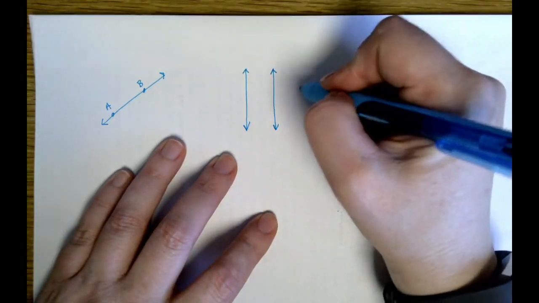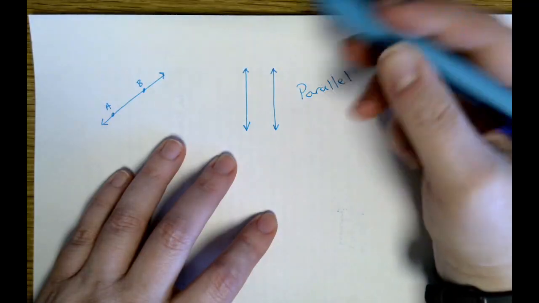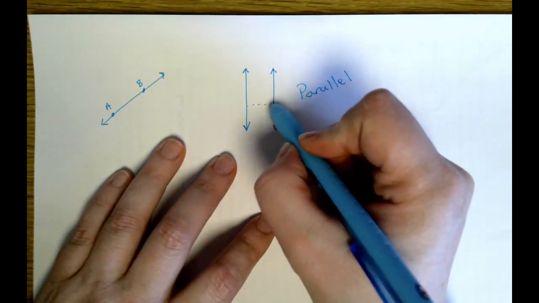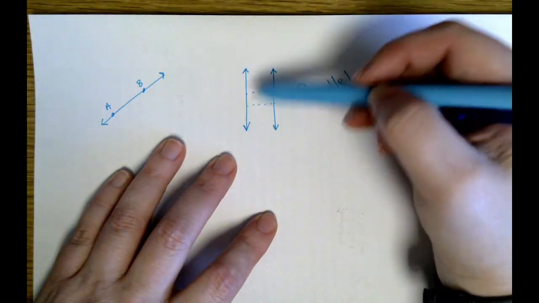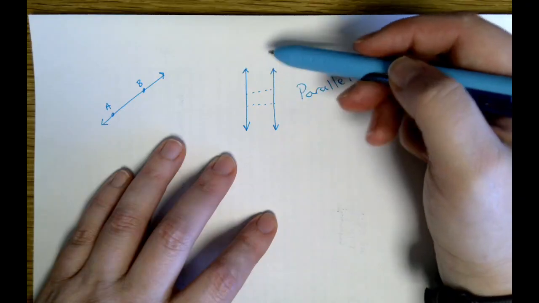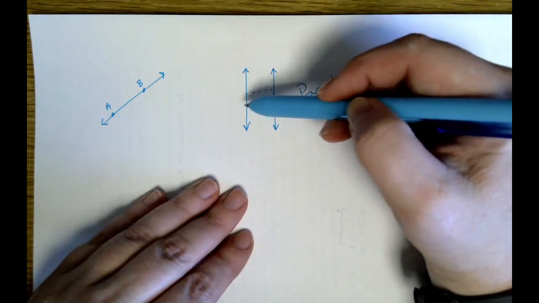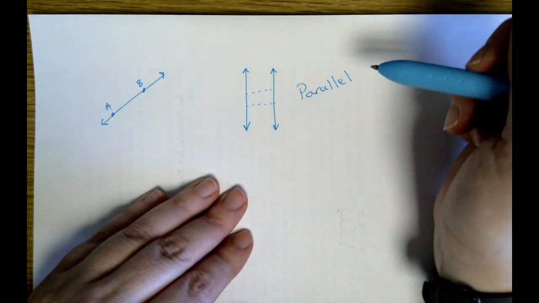And these are what we call parallel lines. Parallel lines are two lines that have an equal distance between them, and they maintain that equal distance forever and ever in both directions. They will never ever cross one another. They're always going to stay that same distance apart, and those are called parallel.